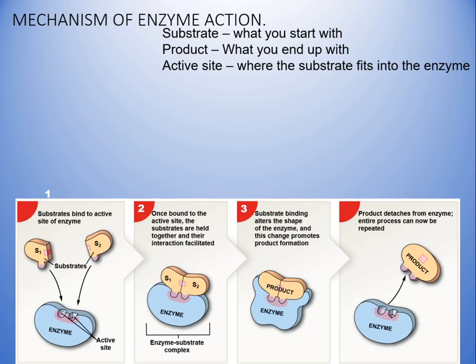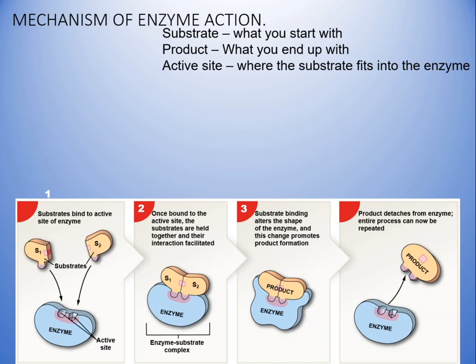We also have something called an active site. And the active site, number one, it's on the enzyme. Look right now at the first picture on the left. And the big blue blob of the enzyme has the active site highlighted in purple. So the active site is a space on the enzyme, and it's the space where the substrate specifically fits into.